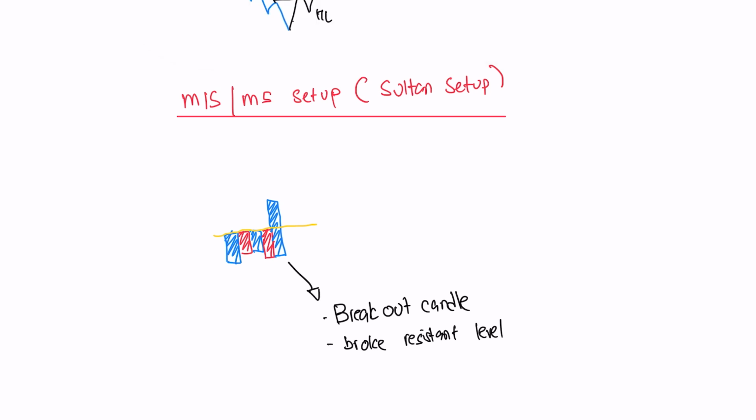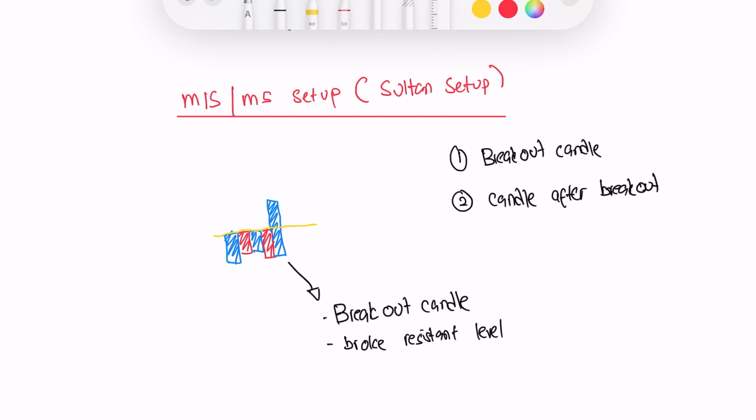Okay, so the first SOP, what we need to understand is basically number one is breakout candle. Okay, number two is basically candle after breakout. Okay, candle after breakout would be a candle that we use for entry.